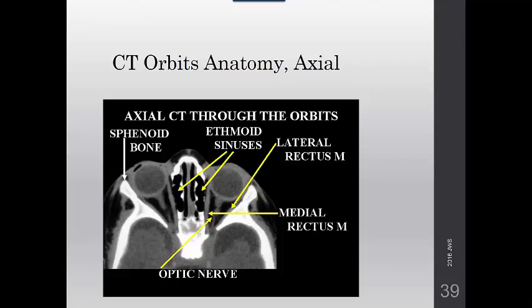An AP scout allows you to adjust the scan lines in the inferior and posterior locations, but a lateral scout allows you to adjust them from anterior to posterior. So you can adjust up and only include the orbits in your scan. The anatomy on the slide includes the sphenoid bone, the ethmoid sinuses, lateral and medial rectus muscles, and the optic nerve.